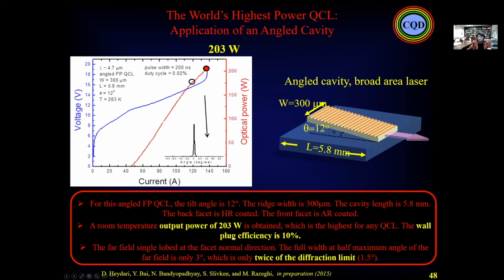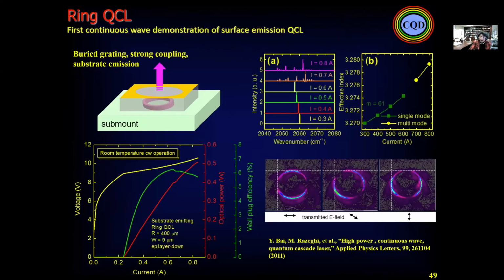A room temperature output of 203 watts is obtained, which is the highest for any quantum cascade laser or any diode. The wall plug efficiency is 10%, and the far field is single lobed in the facet normal direction, and the full width at half maximum angle of the far field is only 3 degrees, which is 2 times the diffraction limit.